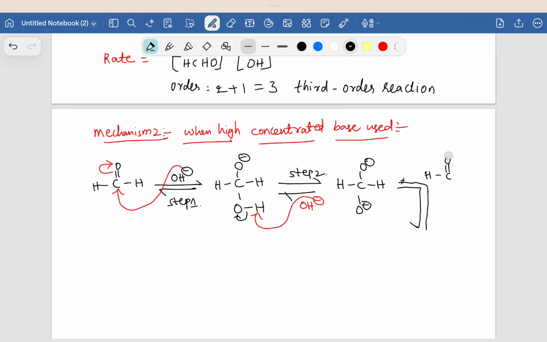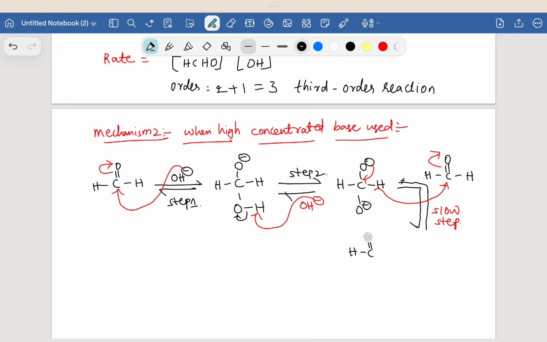HC double bond OH. Now again this hydride shift will take place. Step 3, hydride shift. This is the slowest step, right? Slow step. Okay, now this bond moved here. What will it form?